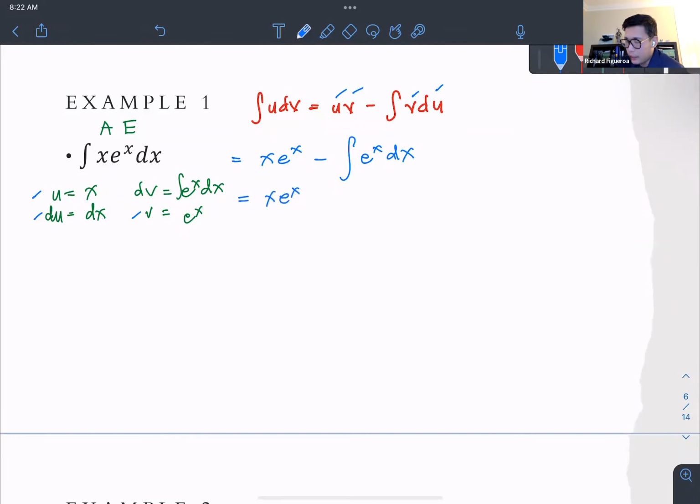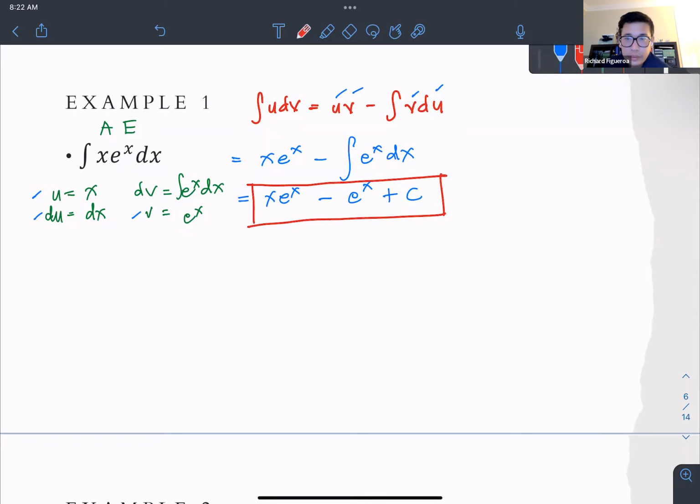So X e^x, copy that one. Then the integral of e^x dx, it's still e^x. So plus C. So this would be the final answer then. So X e^x, wala na pong integral, wala nang plus C. Kahit wala na. Okay? So basta ang plus C dun sa final answer natin. Okay? So kahit wag na muna natin isulat.